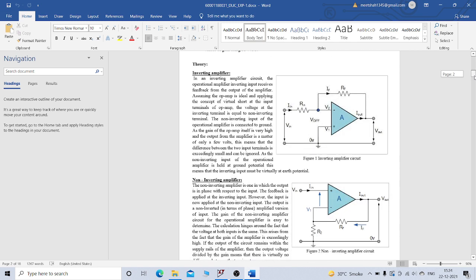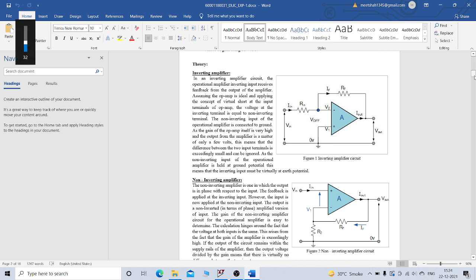So what is an inverting amplifier? In an inverting amplifier circuit, the operational amplifier's inverting input receives feedback from the output of the amplifier. Assuming the op-amp is an ideal one and applying the concept of virtual short at the input terminals, the voltage at the inverting terminal is equal to the non-inverting terminal.